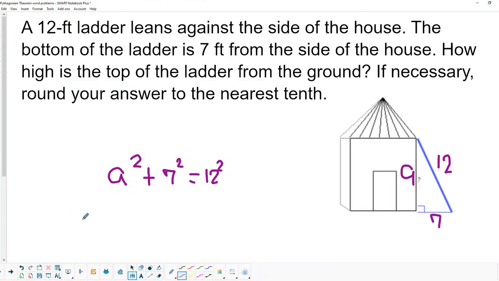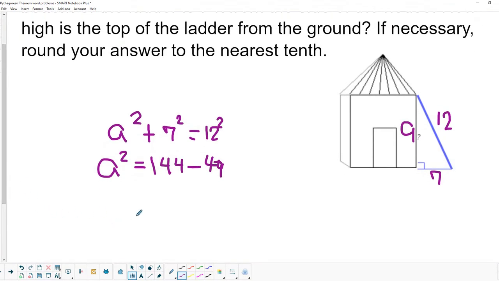And when I do this, I'm going to end up with A squared equals 144 minus 49. Let's give ourselves a little more room. A squared equals 144 minus 49. That's going to put us at 95.